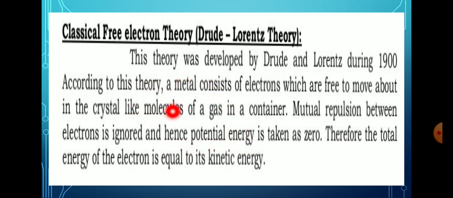So free electrons behave like molecules of a gas in a container, the mutual repulsion between the electrons is ignored, and when the potential energy is zero, the total energy of the electrons is equal to kinetic energy.